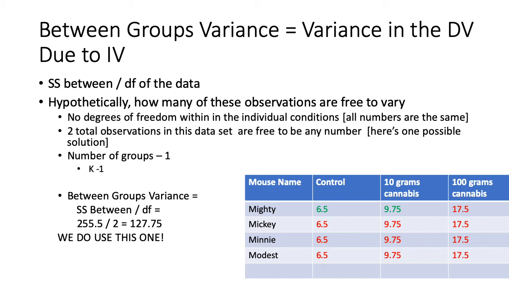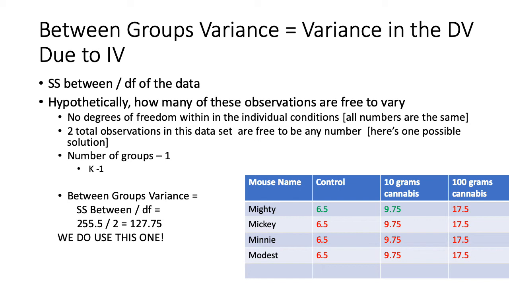So now I'm focusing in on mighty's scores. And I'm saying, okay, of these 3 numbers, how many of them were free to vary and still have all these numbers add up to the grand mean like we showed earlier? Well, only 2, right? This may seem a little counterintuitive, but that control group for mighty could have been anything, but it was 6.5, right?